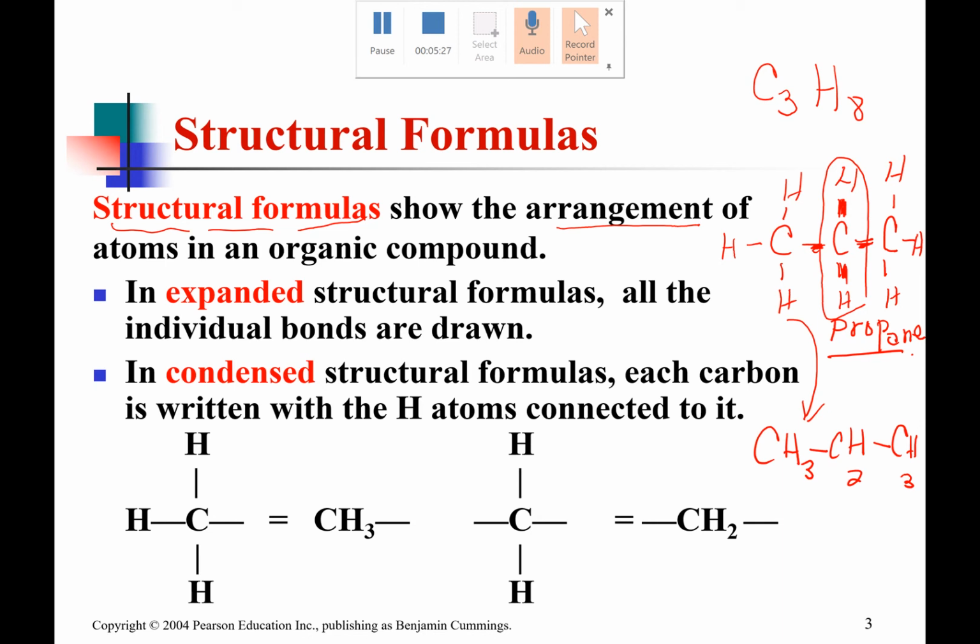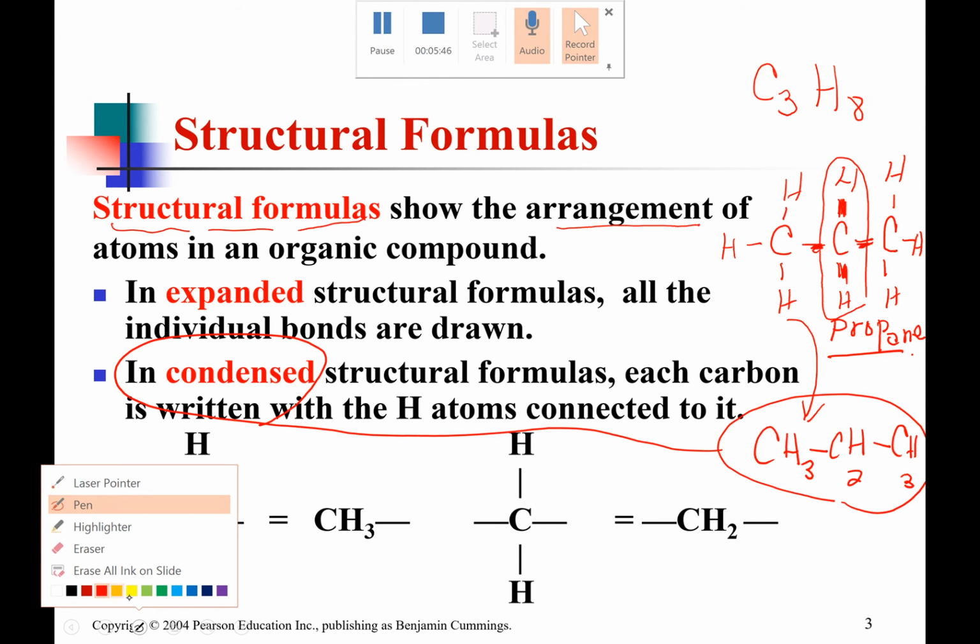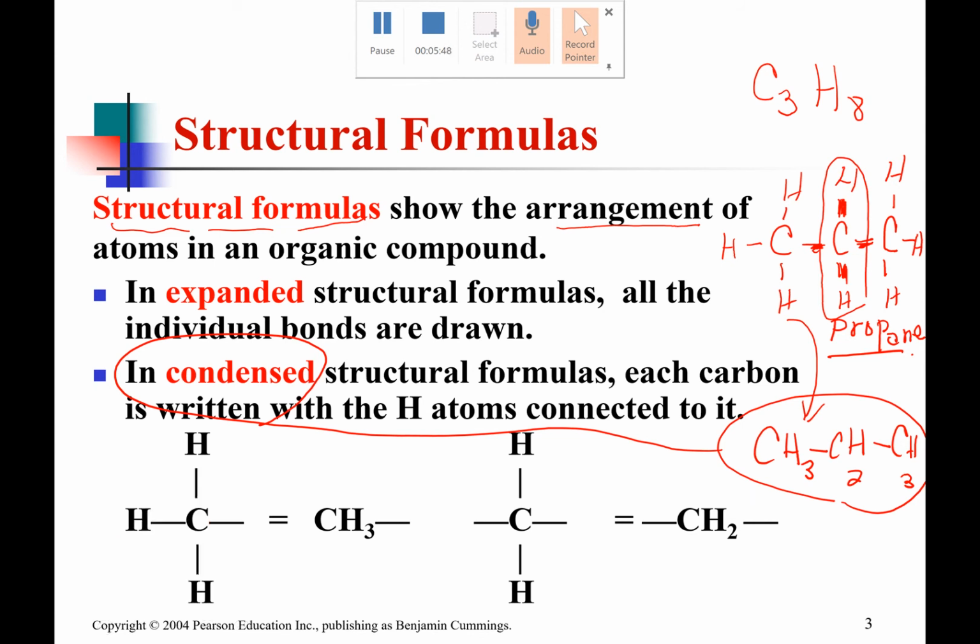This method of presentation of a structure is the condensed structure. You only show the bond between carbon and carbon. You do not show the bond between carbon and hydrogens. If you show the bonds between carbon and hydrogen and carbon and carbon, then you're really showing the expanded structure.